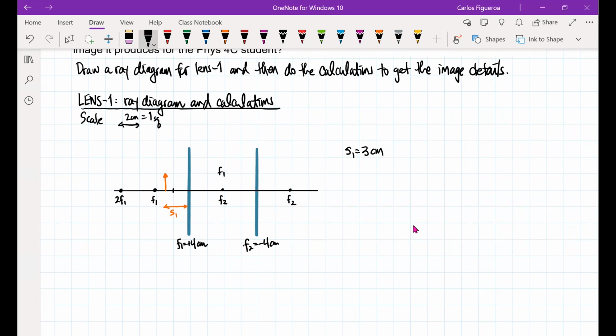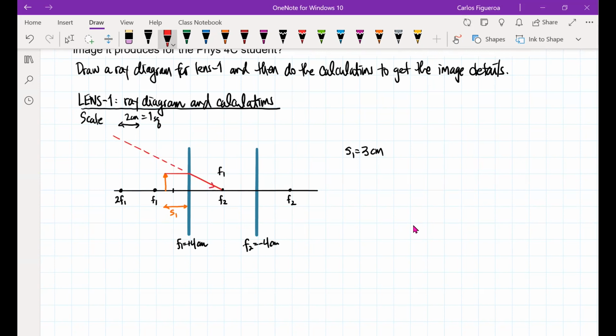Now I know this is a virtual image, so I go parallel to the axis, and then it goes to the focal point. Since it goes through the focal point, I follow it backwards, because the object is inside the focal point.